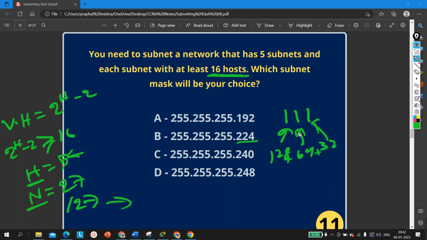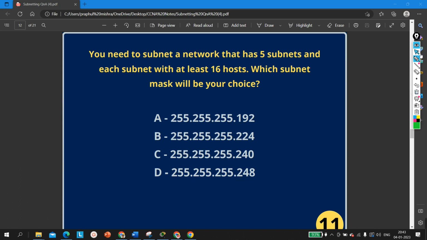So it should be B or A. It should be B, 100% B. Right? The subnet mask for /27 is this one, not this. This one is the subnet mask for /26. This one is the subnet mask for /28. This one is the subnet mask for /29.